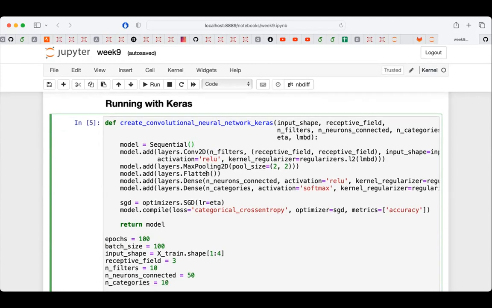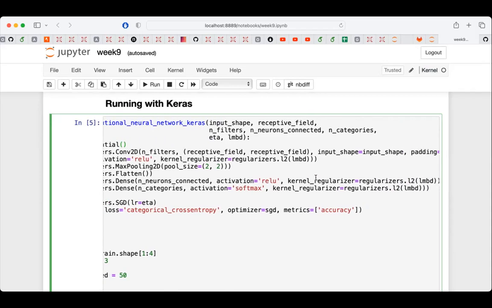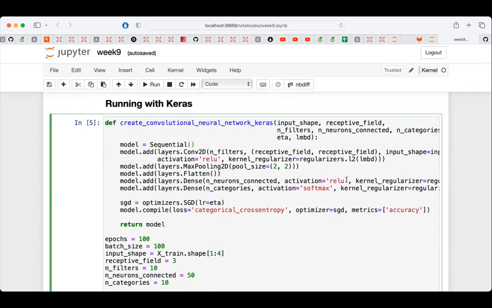I flatten it out, so that means that I convert the output into a long vector, and then I have a dense layer, as you can see here. So that is just a fully standard neural network, and in this case, I also have an activation function as a ReLU function. The regularizer is a norm 2 regularizer.